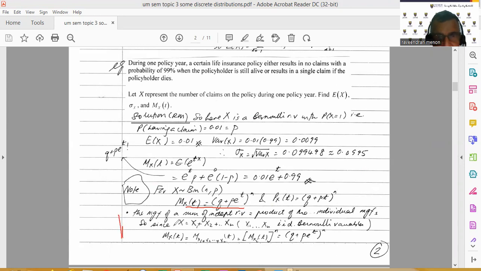I tried to tell you these using numbers here, and I've written it in words here. Let me just read this. The MGF of a sum of independent random variables, which I said in one of my previous videos, I think I used X plus Y, is equal to the product of the individual moment generating functions. The moment generating function of a sum of independent random variables will be equal to the product of the individual MGFs.